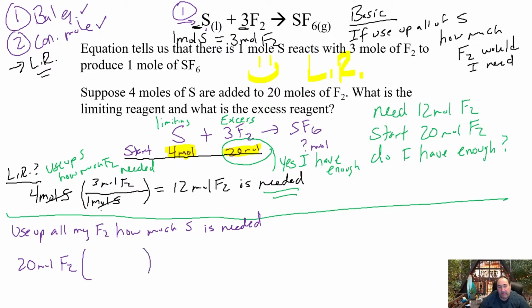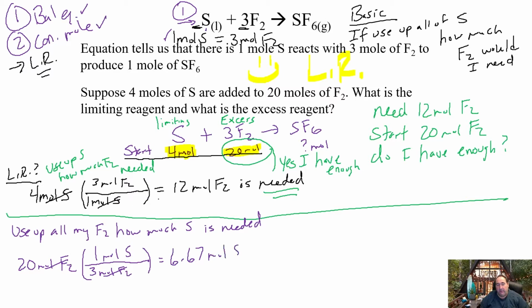I'm going to use my same mole to mole relationship from the equation between the two. I'm going to use it in the opposite way. The 3 moles of fluorine will go on the bottom, and the 1 mole of sulfur would go up on top. Moles of fluorine would cancel, basically giving us 20 divided by 3, which is 6.67 moles.